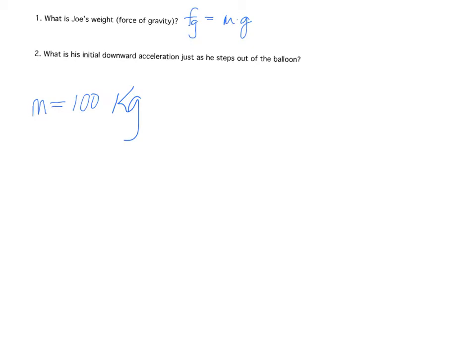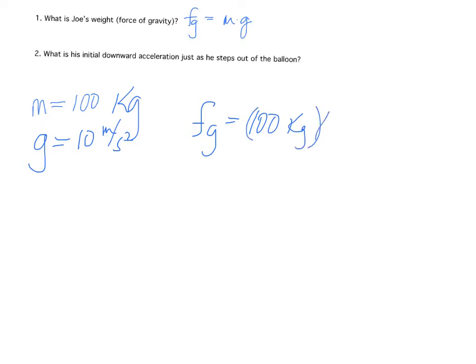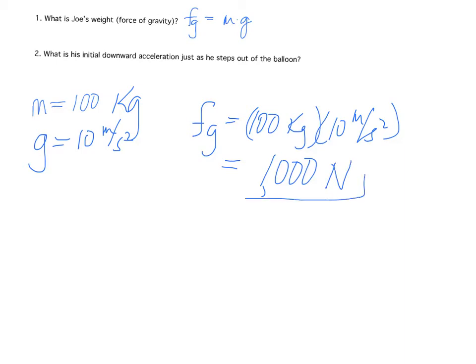And if you see at the top, the worksheet says go ahead and just use 10 for gravity. It just makes it easier. So for number one, the weight is going to be 100 kilograms times 10 meters per second squared. So we get 1,000, and what's the unit? Newtons, because it's a weight.